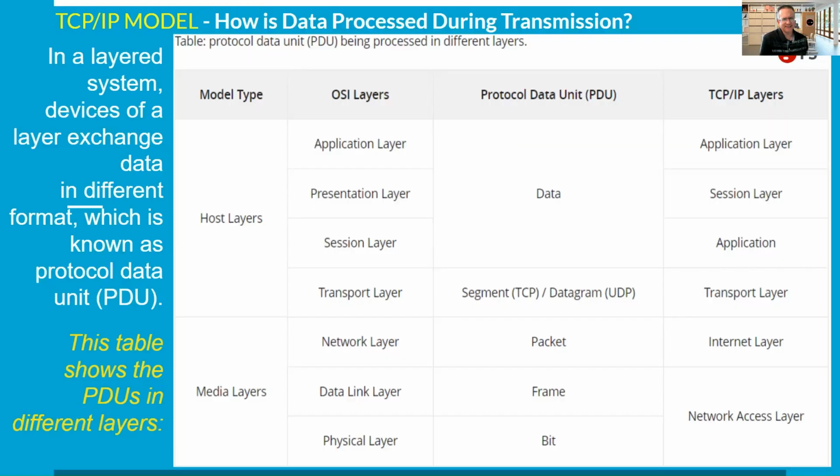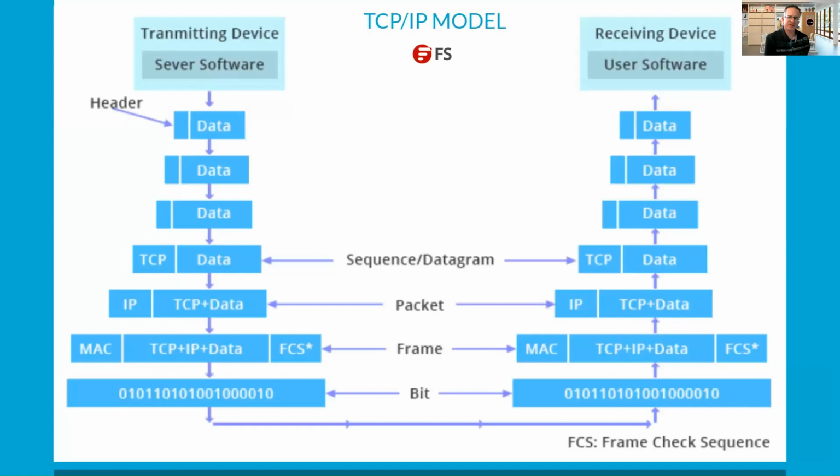The network access layer, or link layer, is responsible for placing the TCP IP packets on the network medium and receiving the TCP IP packets off the network medium. When a user requests to browse a website on the computer in the TCP IP model, the remote server software firstly gives the requested data to the application layer, where it is processed from layer to layer, with each layer performing its designated functions.